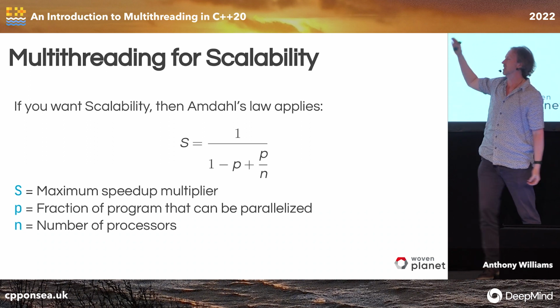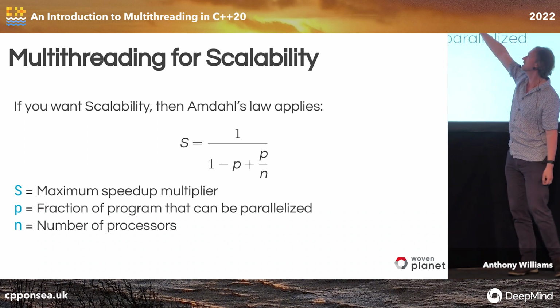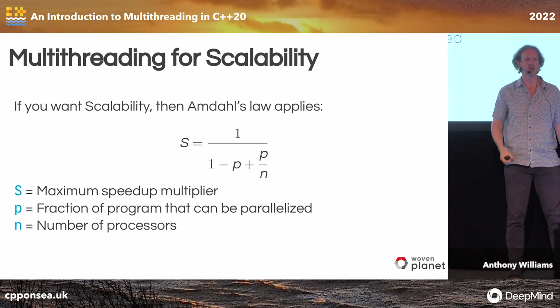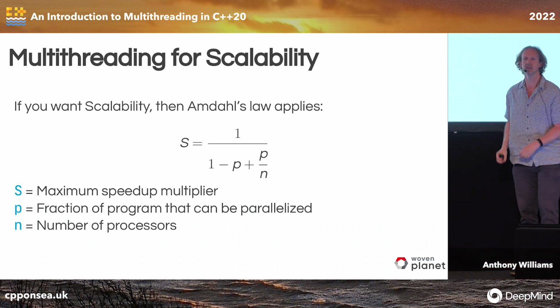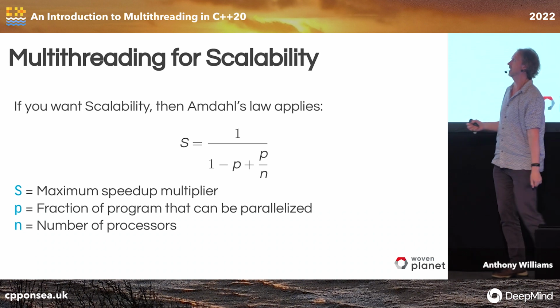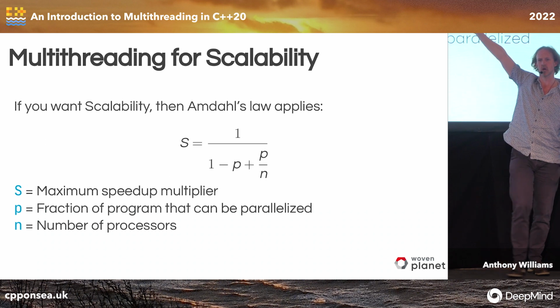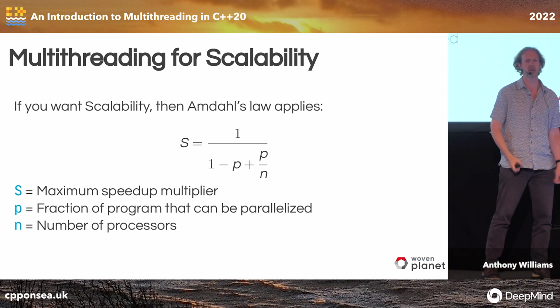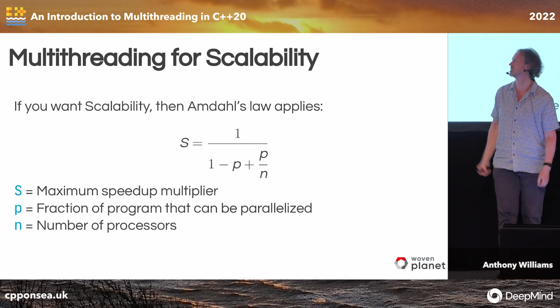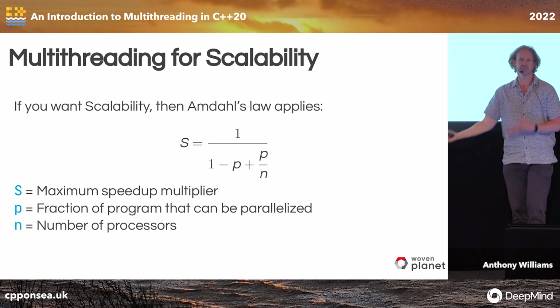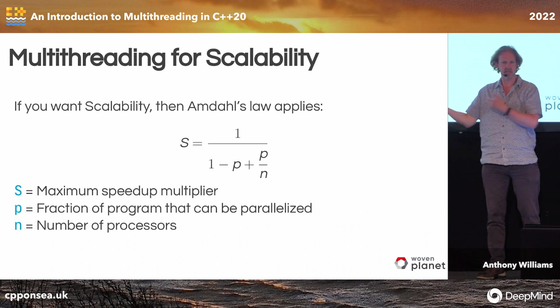If the number of processes goes large, then this number on the bottom is going to be quite small, and 1 divided by a quite small number is quite large. On the other hand, if the fraction of parallel code goes low, I have 0 amount of my code that can be run in parallel, well, then we're just going to get 1 divided by 1, so no scale-up at all.